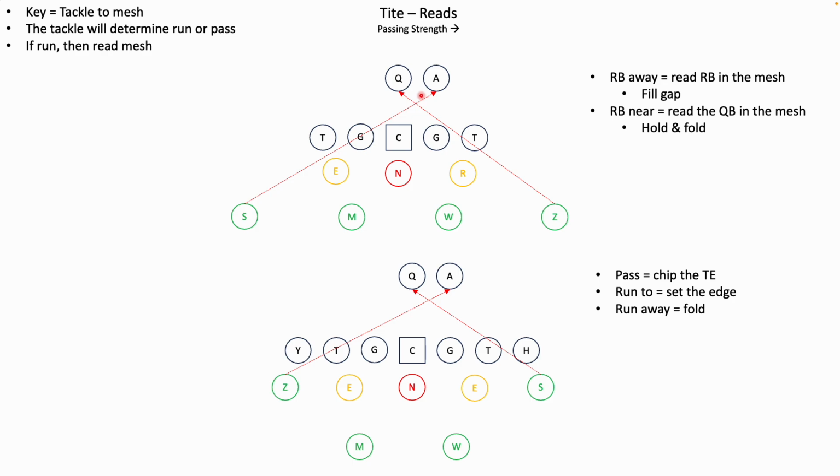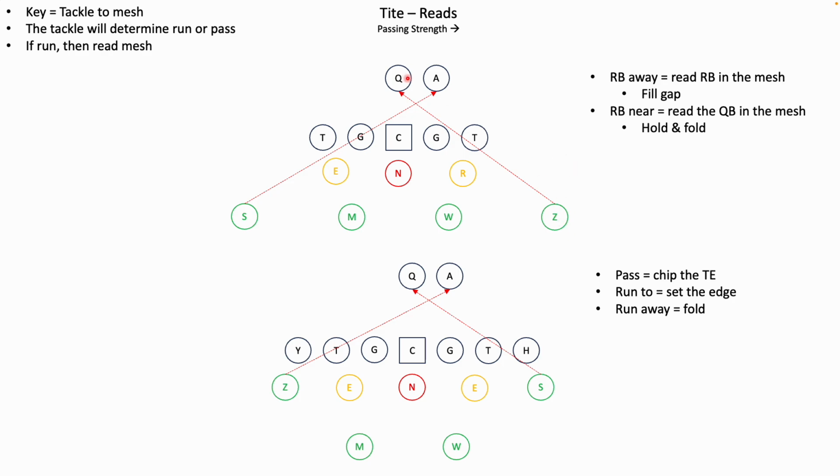If the running back is near, so this would be the Zeke's position, you see how the running back is closer than the quarterback, then you are going to read the quarterback in the mesh. Your job is if the quarterback pulls, and when I say pull, remember, I mean he fakes it to the running back and tries to run. That's your responsibility.